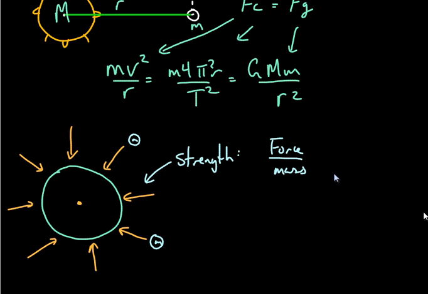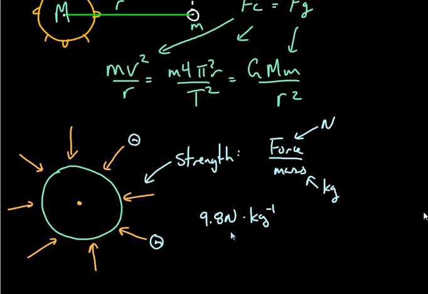Do you know how much force we get for each unit of mass around the Earth? Remember, force is in newtons and mass is in kilograms. Around the surface of Earth, how much force does each kilogram experience? Right, perfect. So you get 9.8 newtons for every kilogram of mass you put near the surface of Earth.